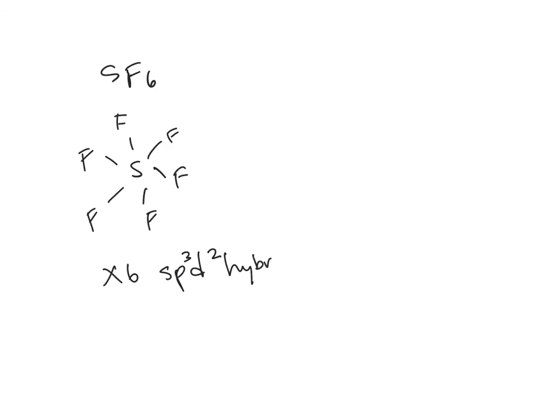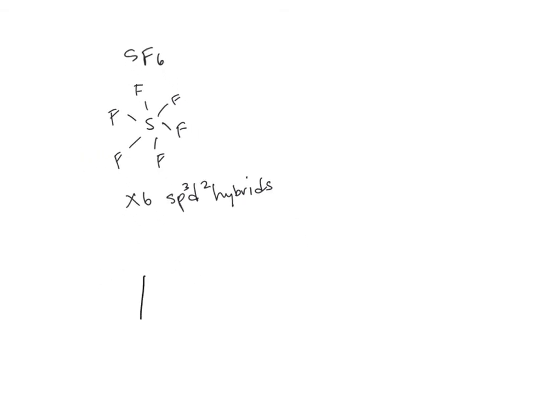And I also spelled that wrong, but I also didn't draw it, right? So your VSEPR structure, I've been neglecting that, but you want to do that. Put in the lone pairs. I'll skip that for now.